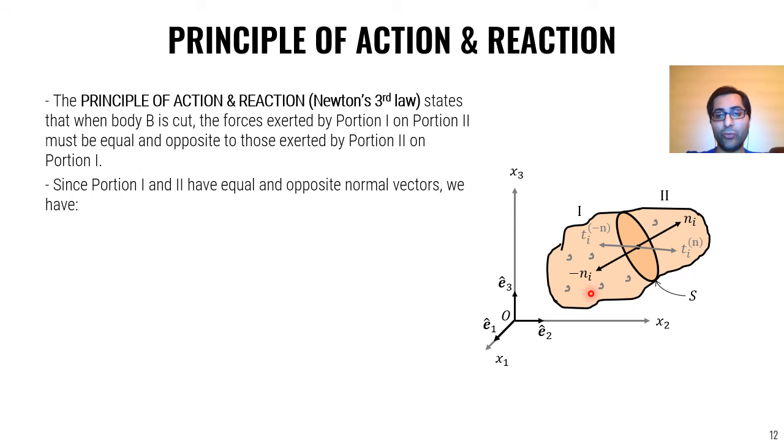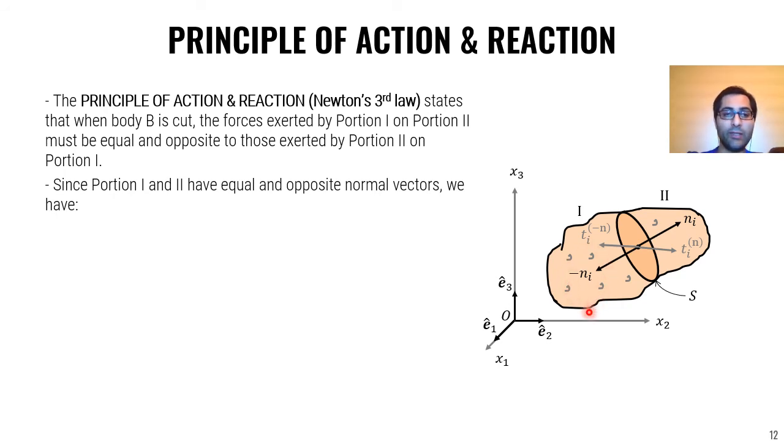Pay attention to the normal vector of this surface associated with these two portions. On one side, the normal is aligned but in the opposite direction of the normal on the other side.